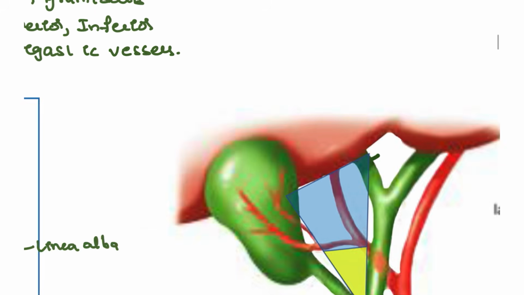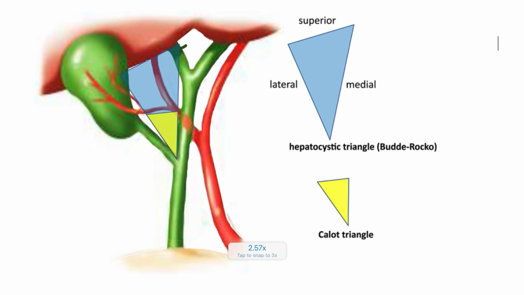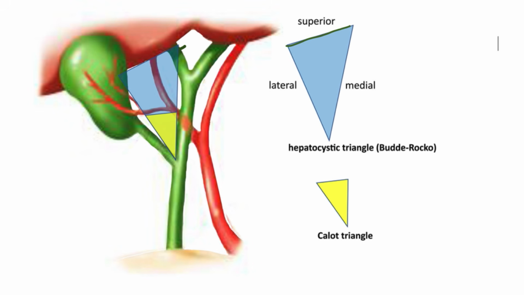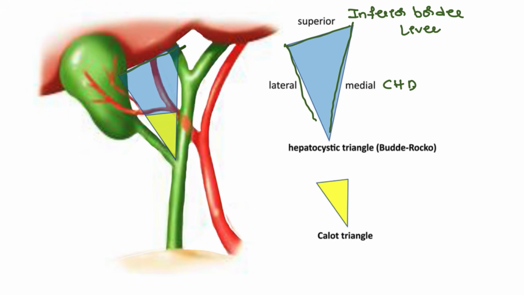Next, coming to the triangles: Calot's triangle and the hepatocystic triangle. This is the hepatocystic triangle, where on the superior side you are going to see the inferior border of the liver. On the medial side you see the common hepatic duct, and on the lateral side you see the cystic duct.